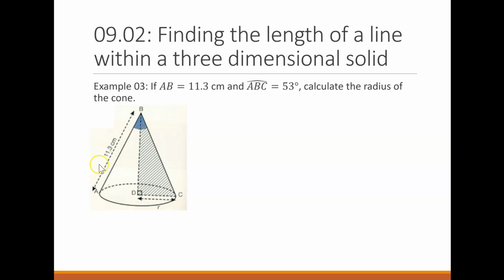What else could you do? How about this? Well, how do I know that DBC was half of ABC? What was going on here that allowed Mr. Kulik to just cut that angle in half?